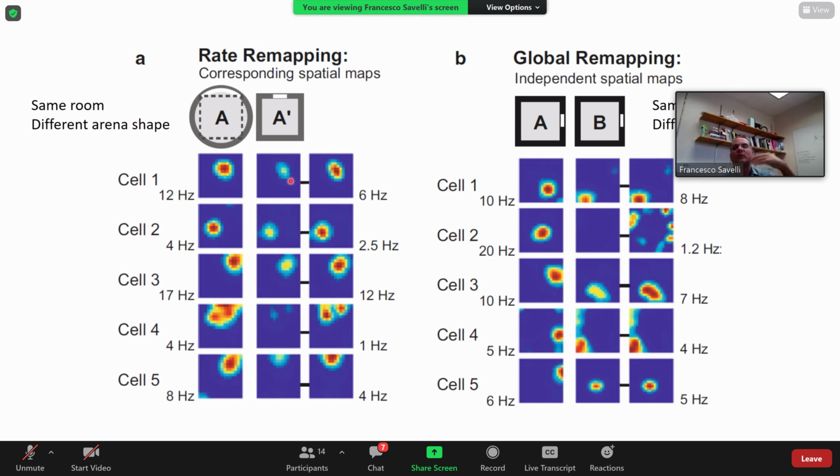But then to aid your visual comparison, you make a second map that is the same data as this one, but now you scale it so that hot red is the maximum in that rate map. So now hot red is 6 hertz. Why do you do that? Because if you look at all three, now you can see better.